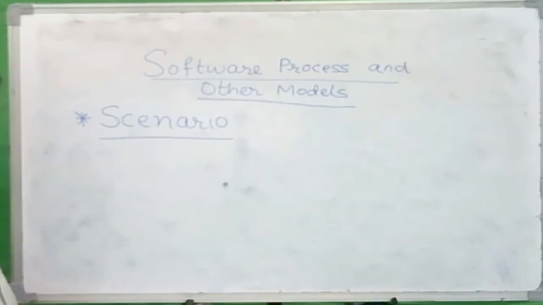Now the example is, write a scenario for the library problem. Fred, a patron, goes to the library and checks out a book. 2 months later, he brings the overdue library book back to the library. So how to write the scenario for this?